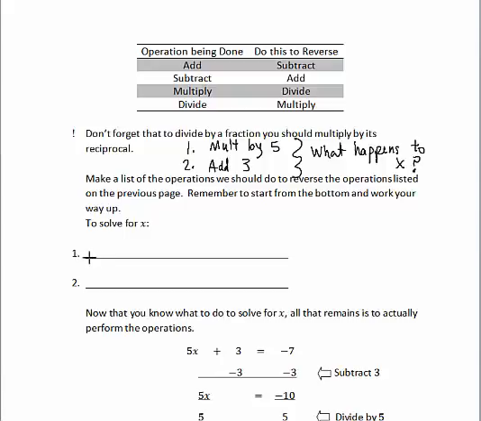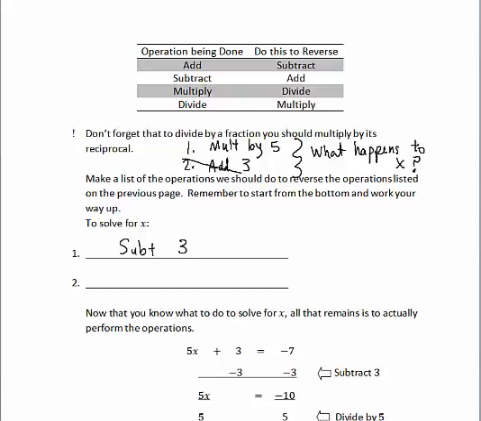To undo that, we're going to work backwards up this first list, undoing each operation. If we go backwards, the first step we run into was add 3. How do you undo addition by 3? You subtract 3.